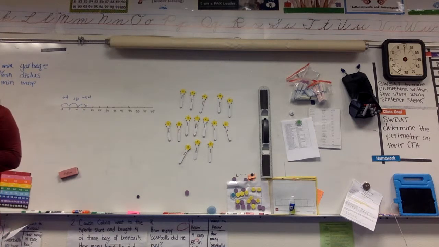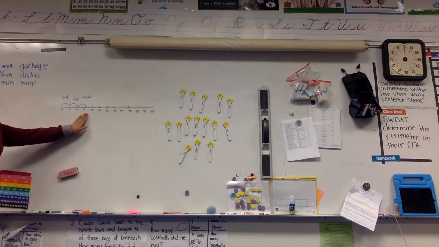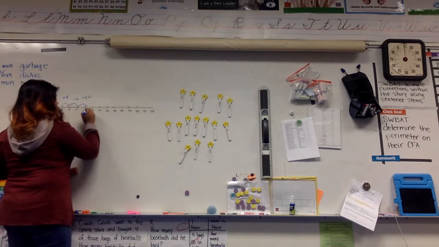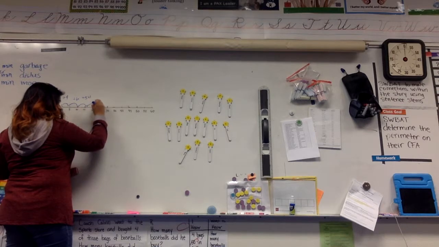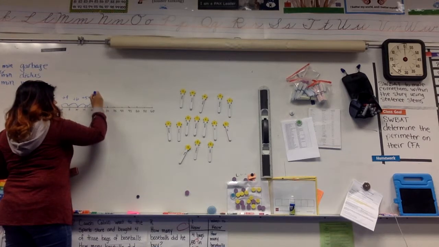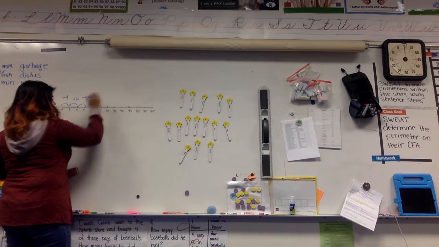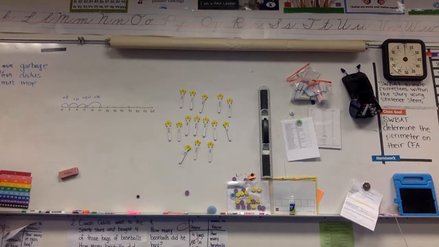Emmy, we're at 16 and we're adding 10. 26. So we're going to be a little after the 25, 1 after, and we added a 10. 26. Everybody agree with that?